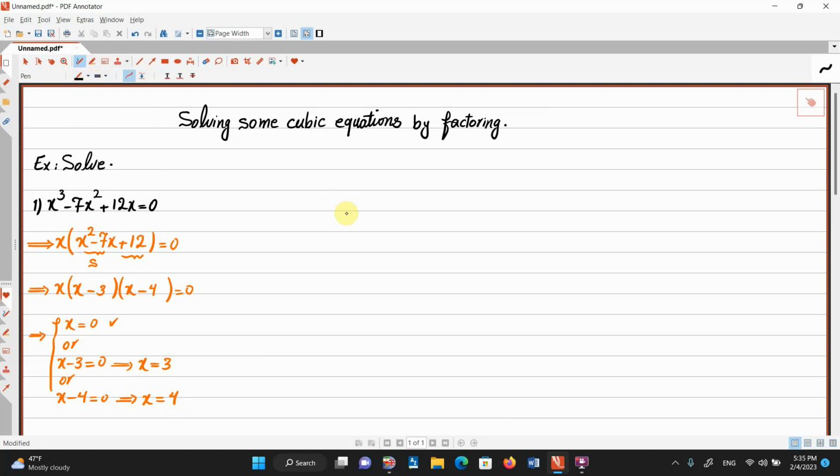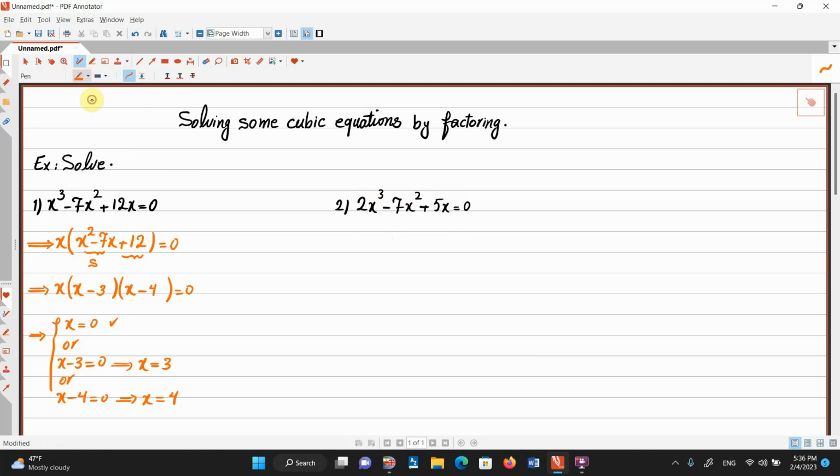As second example, I'm going to write this example: 2x cubed minus 7x squared plus 5x equals 0. In this cubic equation, as you see, the cubic term, quadratic term, and linear term are available, but the constant is not available.